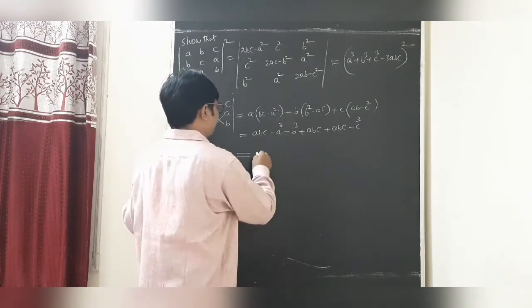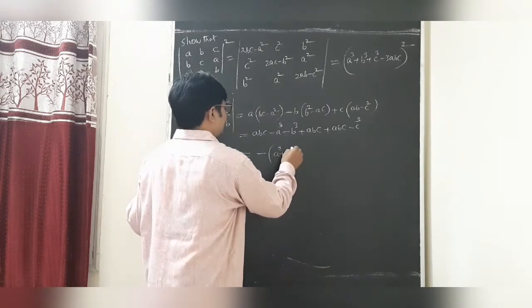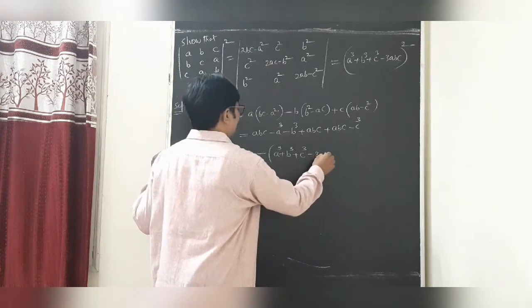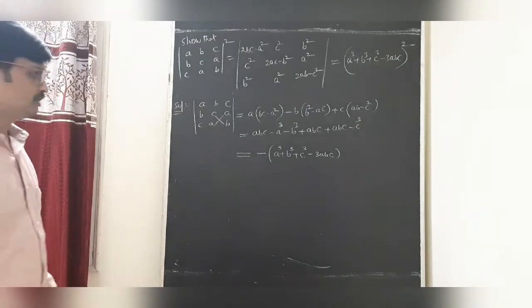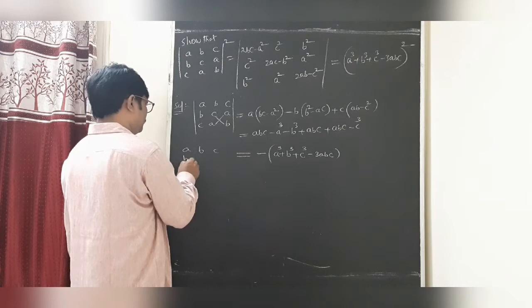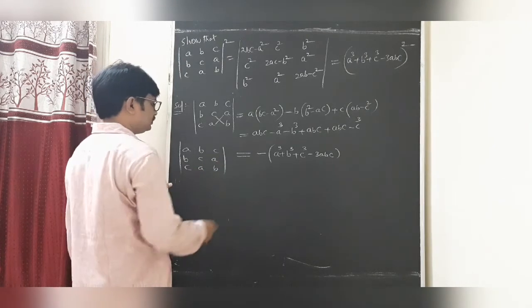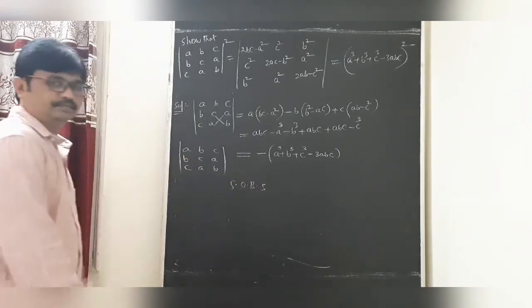And minus is common: A cube plus B cube plus C cube minus 3ABC. Okay students, this is the value of the determinant ABC, BCA, CAB.